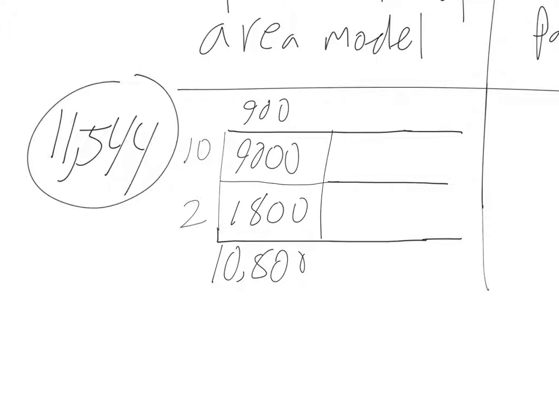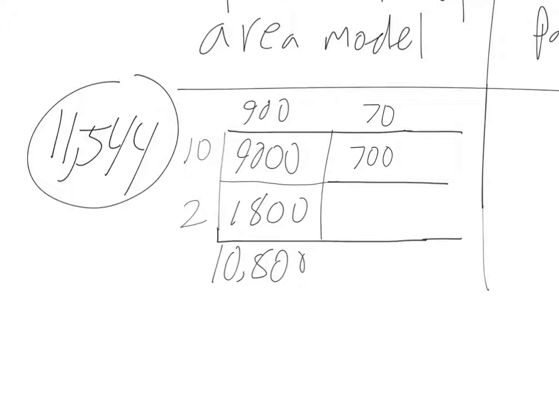And then I want to think, what are the other place values that I need to get up to 11,000? So probably need to go another 700. So I'm thinking 700 would get me to 11,500, and I could get that by multiplying by 70.